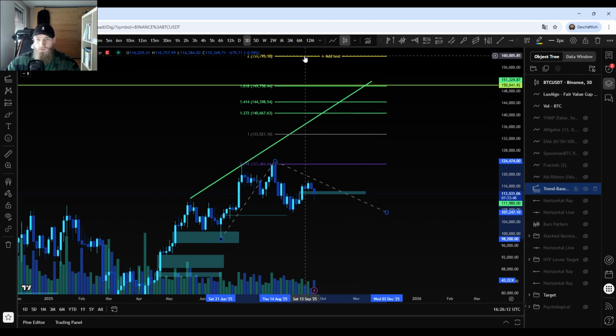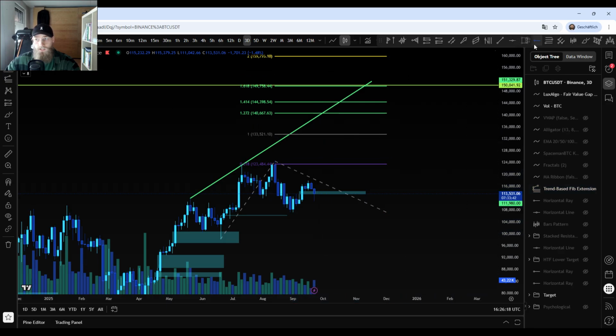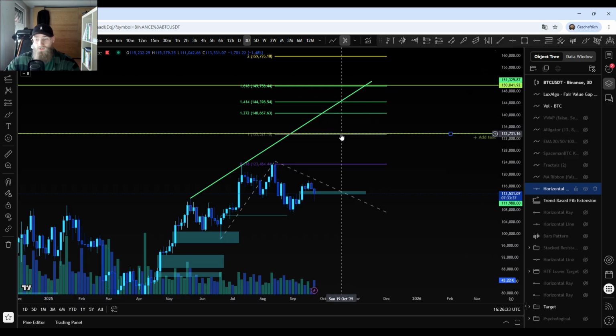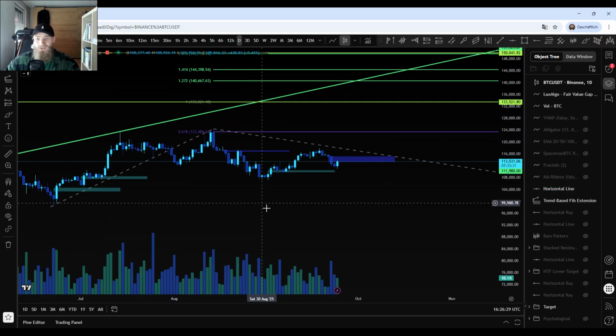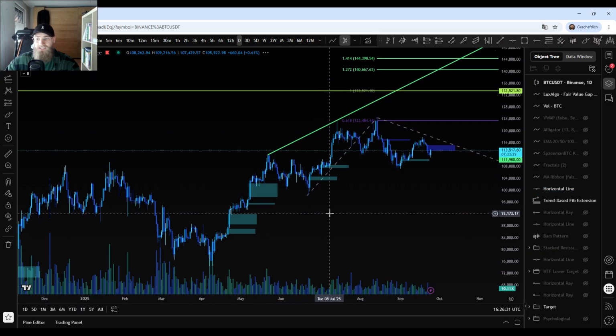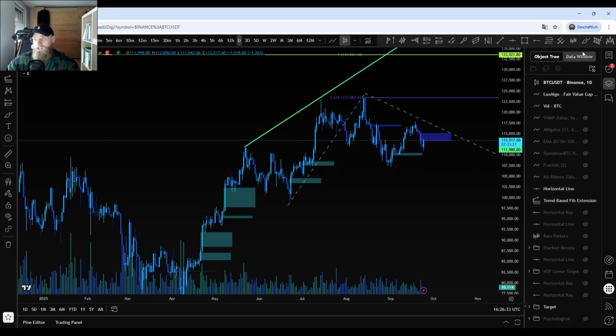2, kind of rare. 1.618 is very nice, and also the 1-to-1 extension is very cool because it is a sound and round number. Because price is always moving in harmony.